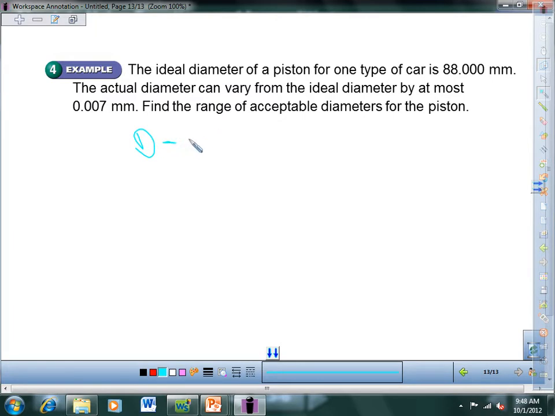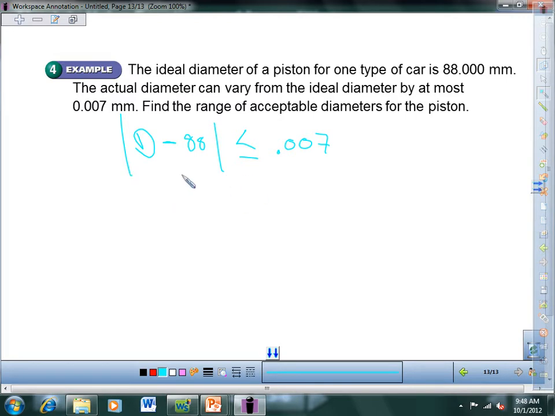So the absolute value of the diameter minus 88 has to be less than or equal to 0.007. You understand why that is? Because it could be over by 0.007 or it could be under by 0.007.